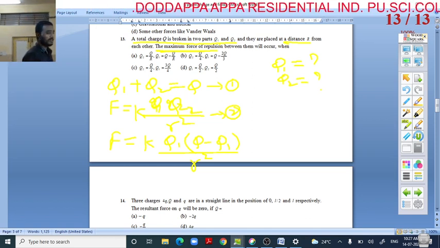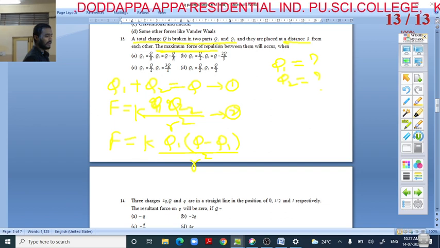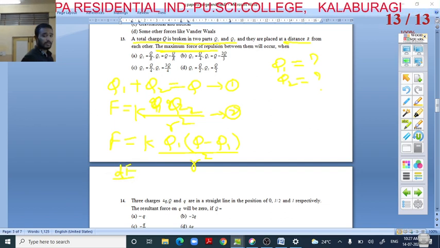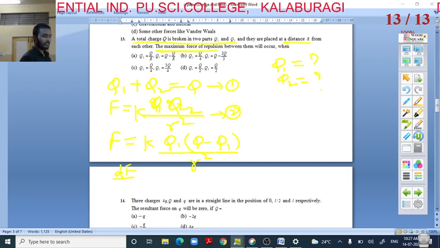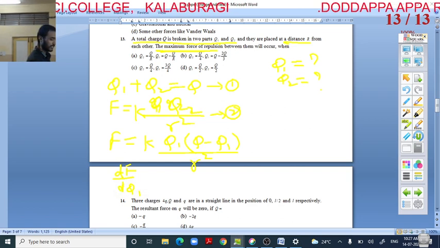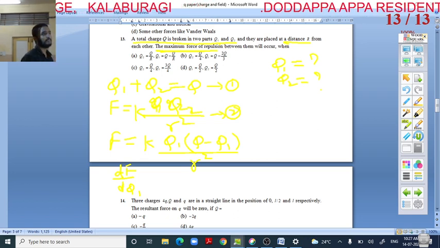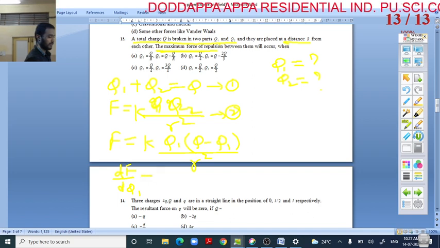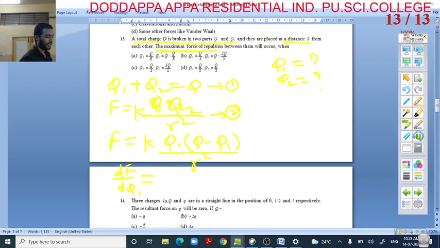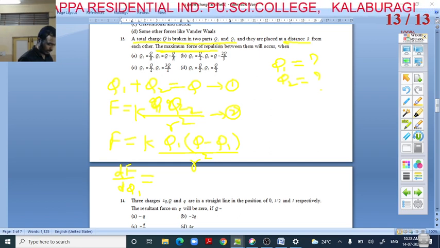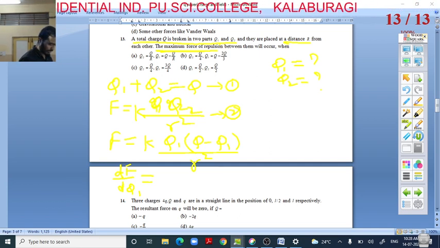Okay, for maximum force I will differentiate it with respect to Q1. This is our condition to get the maximum force. So dF by dQ1 equal to zero. I hope you are getting this. You may concentrate.